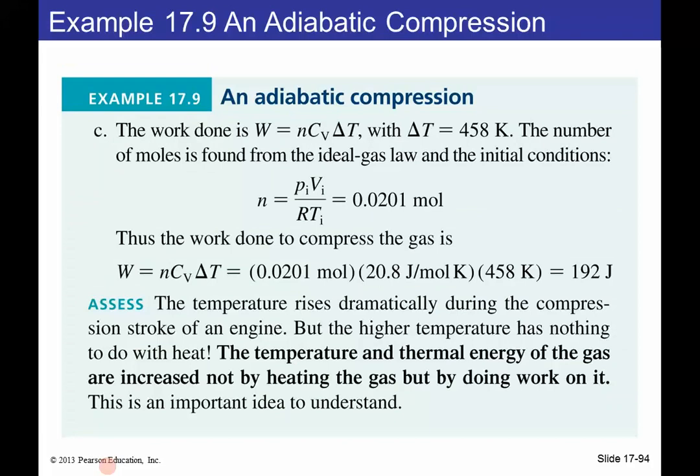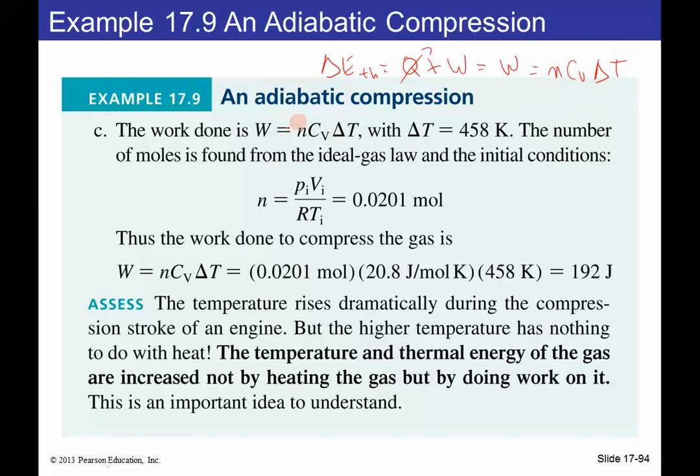So what is the work done? Well, remember there's no heat here, so we know delta E thermal is equal to Q plus W. There's no heat, so it's just equal to W. So the work is the change in thermal energy. But that change in thermal energy, we know that it's nCV times delta T, where this CV is the specific heat for a diatomic gas.